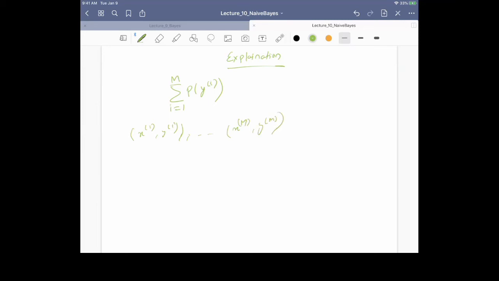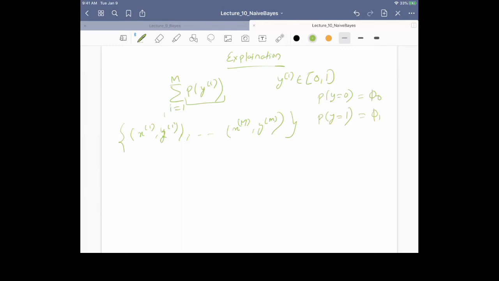For simplicity, just assume that my data is binary, so yi is either 0 or 1. Then when I look at p of yi, recall that my parameters here are just the probability that y is equal to 0, which is phi 0, and the probability that y is equal to 1, which is phi 1. These are my two parameters.